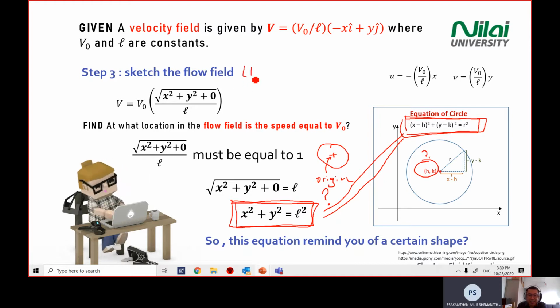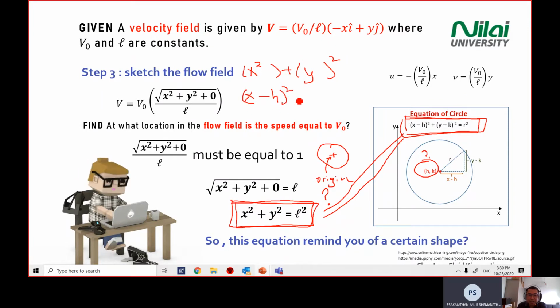Okay, I'll write again. x squared plus y squared. And then you have the general equation of a circle: (x minus h) squared plus (y minus k) squared.